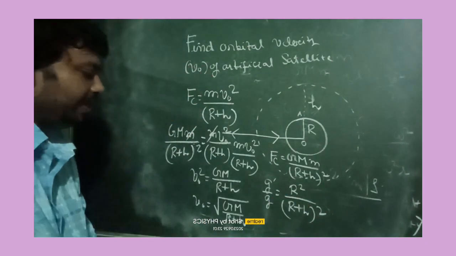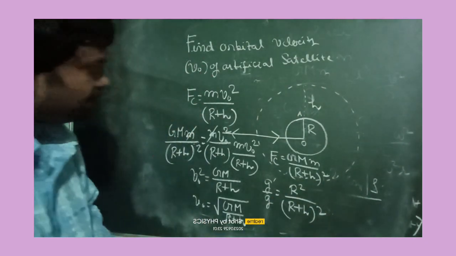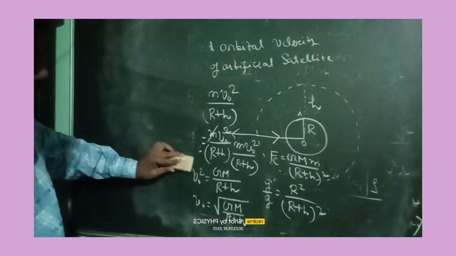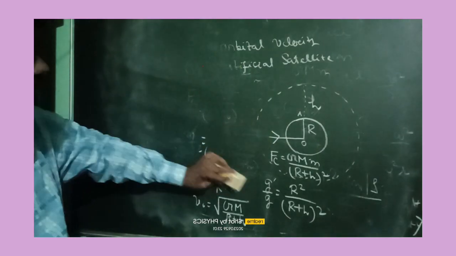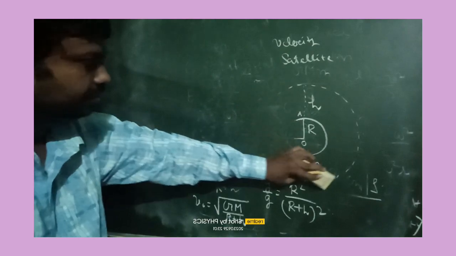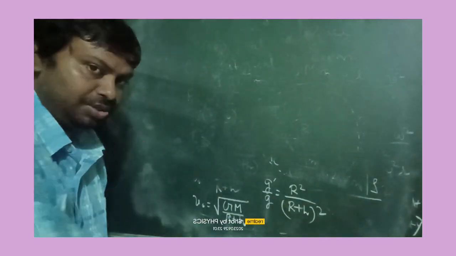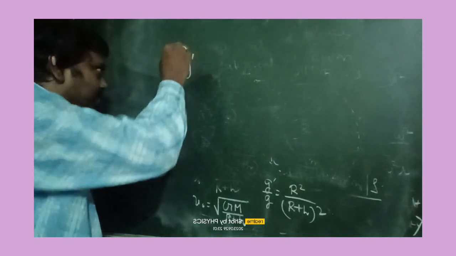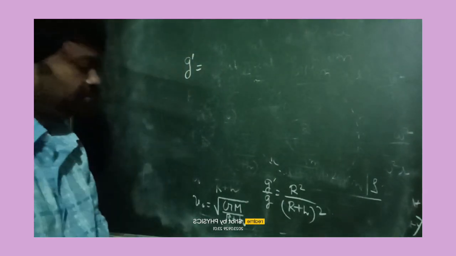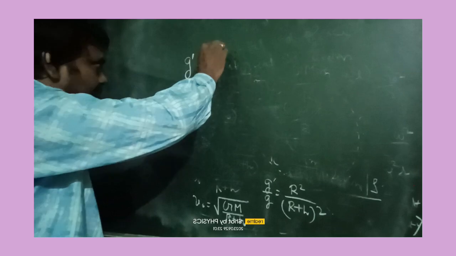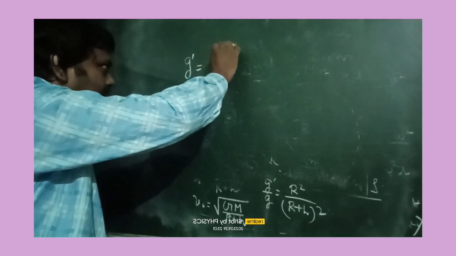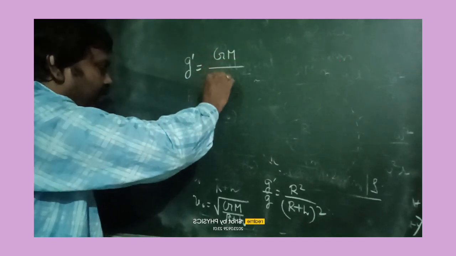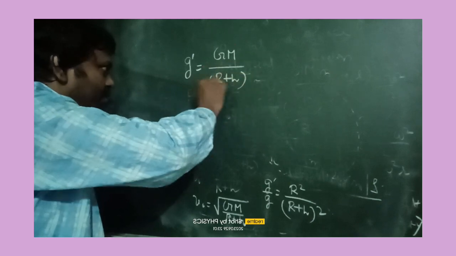Now also we have the equation g dash is equal to GM by (R plus h) whole square.